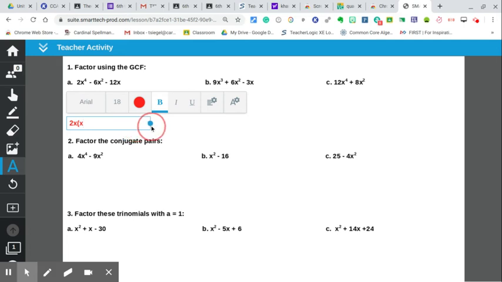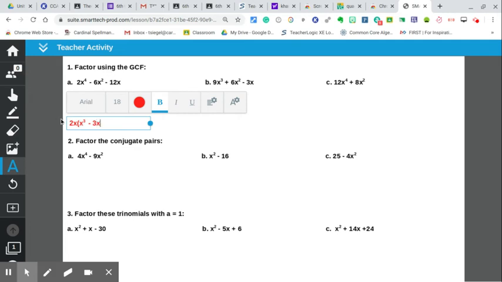So we're going to raise that to the third. All right. And now we go to the next term. There's a minus sign there, so we put the minus sign in. 6 divided by 2 is 3. And x to the second divided by x, we subtract the exponents, is x.